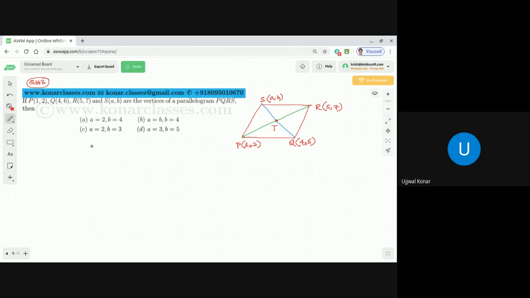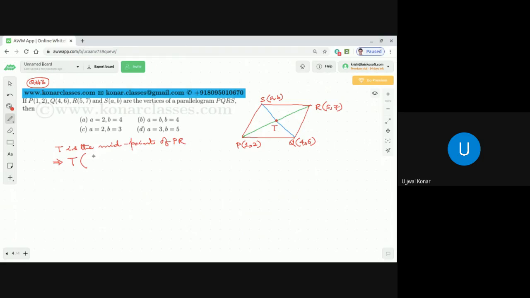Then what can we say, dear students? When we consider T as the midpoint of PR, what will be the x and y coordinates of T?